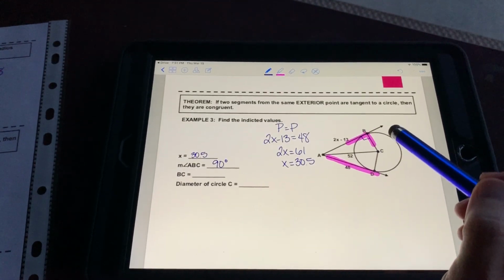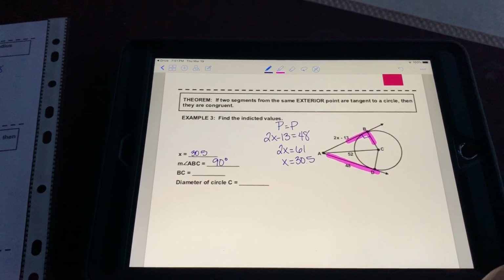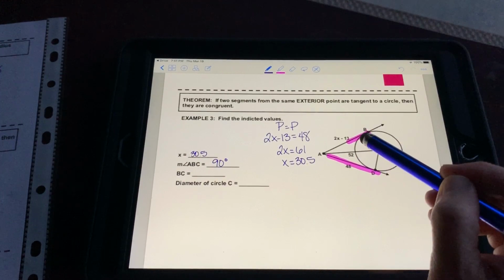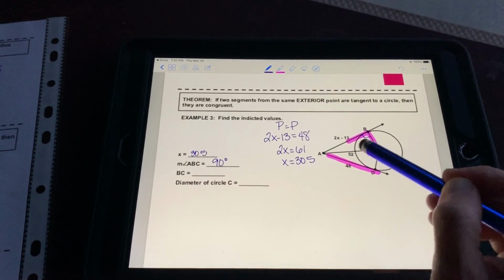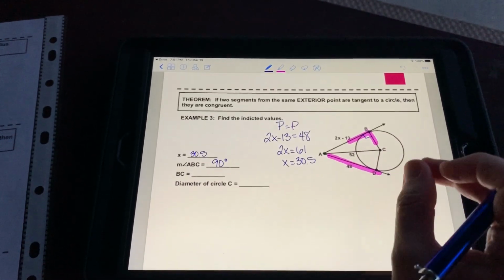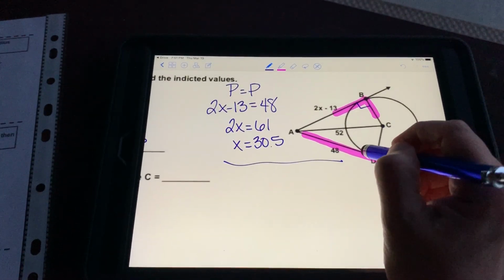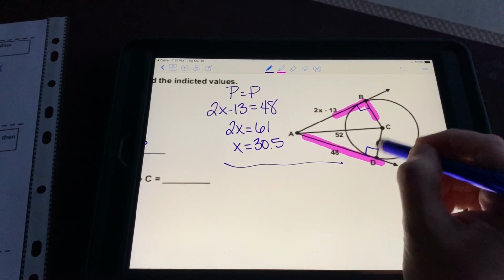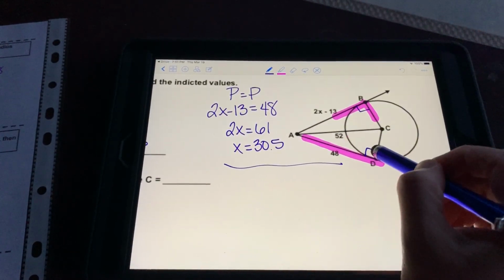Now we look here at the measure of BC. BC is a radius. We don't know anything about it other than that we have a right triangle here. We actually have two congruent right triangles. So we could go ahead and use this bottom one here because we already have the information of two of our three sides, and we get to use Pythagorean theorem again. So we know that's also a right angle because of a tangent line and a radius. 52 is our hypotenuse because it's across from the right angle.